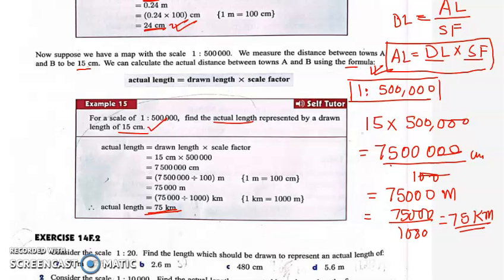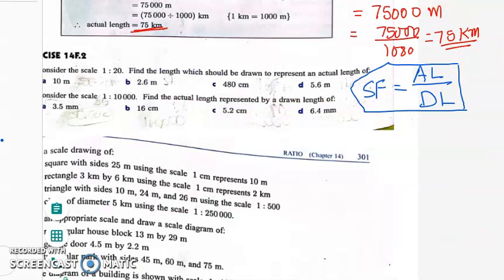So in short, you just need to remember one formula. Scale factor is actual length by drawn length. From this formula only you can derive any other formula as per our requirement.